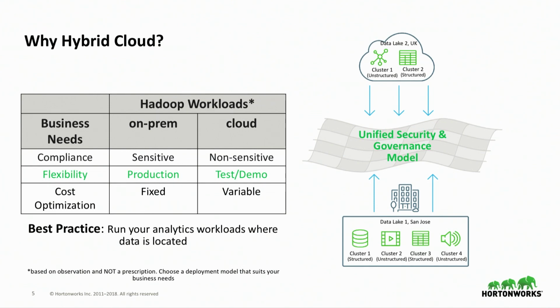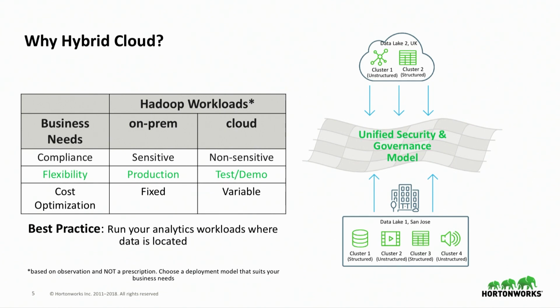If you're looking for flexibility, you can run your production cluster on-prem and test and demo clusters in the cloud. And once you're done testing it, you can move your workloads back to your production environment. Last but not least, if you're looking for cost optimization, you can run your fixed workloads on-prem and variable workloads in the cloud. Again, this is not set in stone.